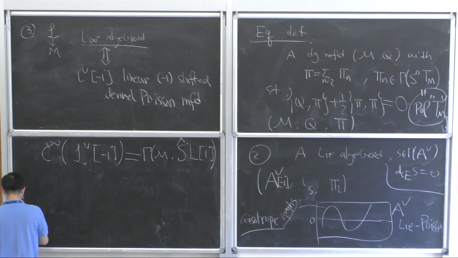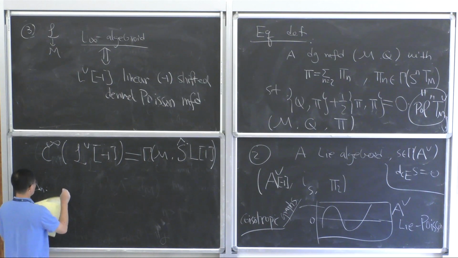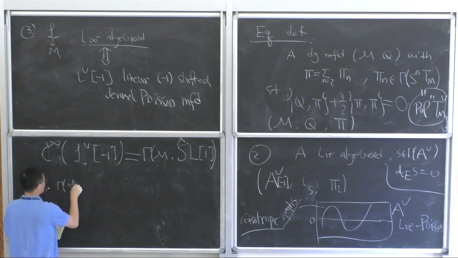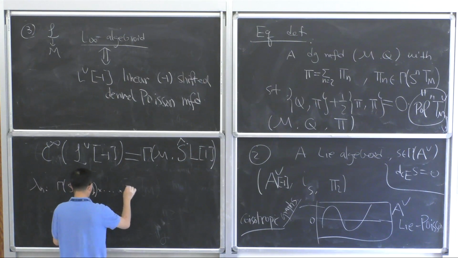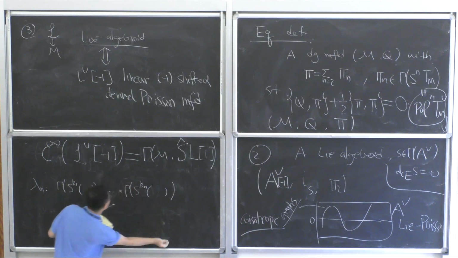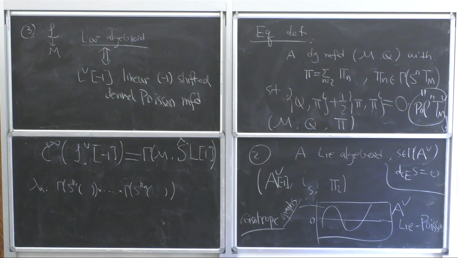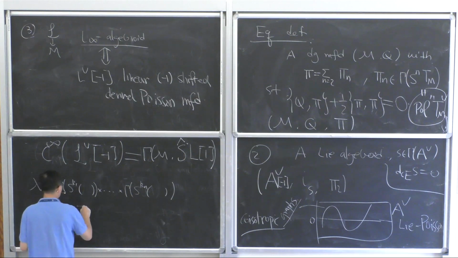Now you have a bunch of those brackets, lambda n, eating k and spitting out.